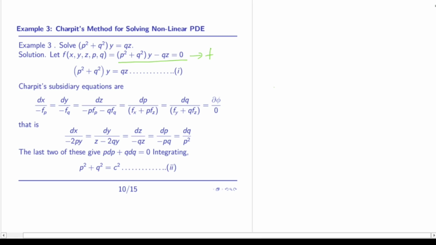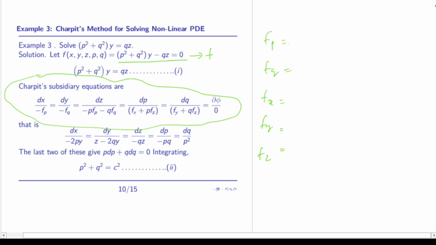Now we can consider the subsidiary equation or Charpit's auxiliary equation. We can write this subsidiary equation. Then we have to find each and every term, fp, fq, fx, fy, fz.